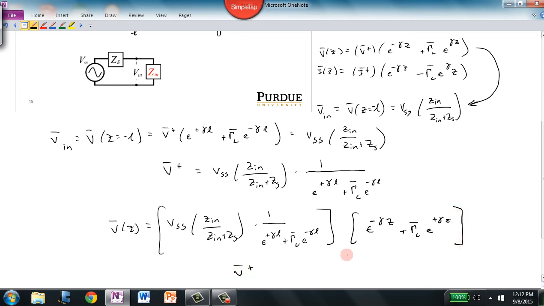That's V bar plus, and then this is the forward sinusoid and the reverse sinusoid.